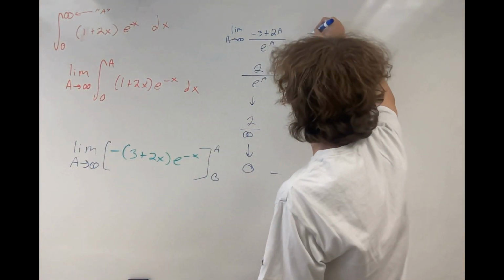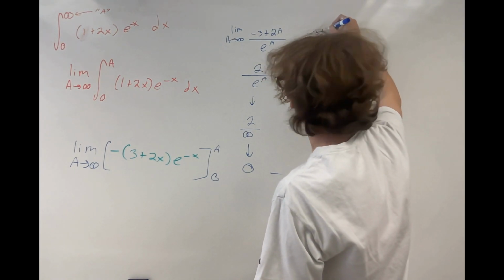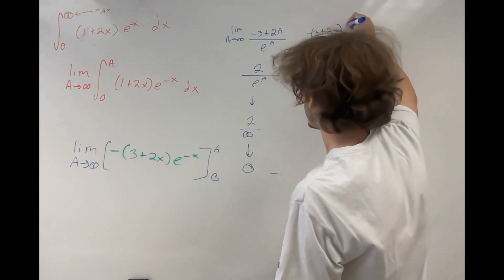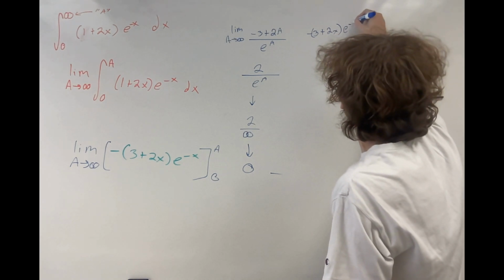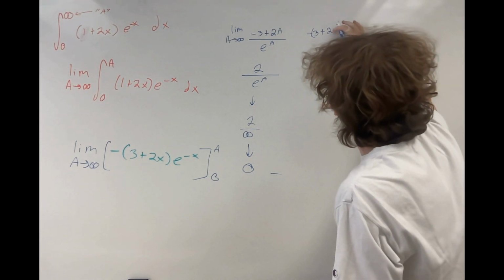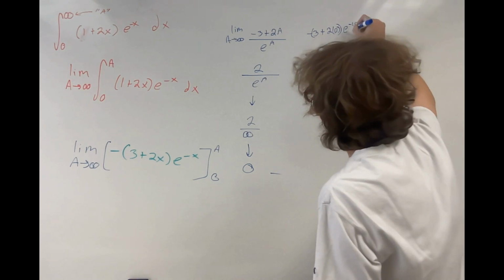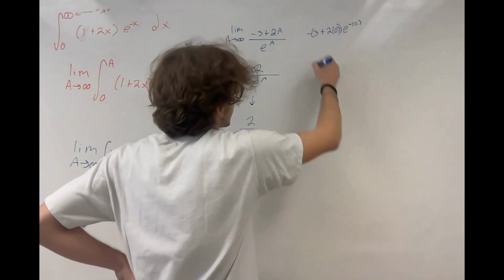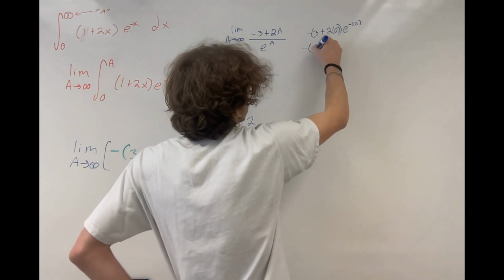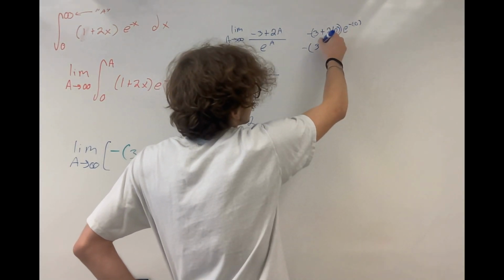So this is going to be negative 3 plus 2x in parentheses here, e to the negative x. So let's plug in 0. So let's make some simplifications. We have negative 3 stays, the 2x cancels out.